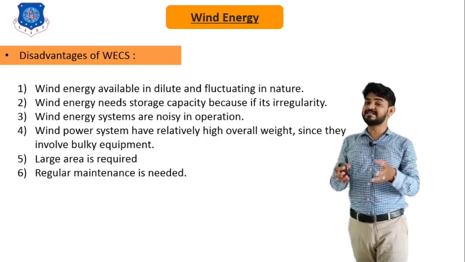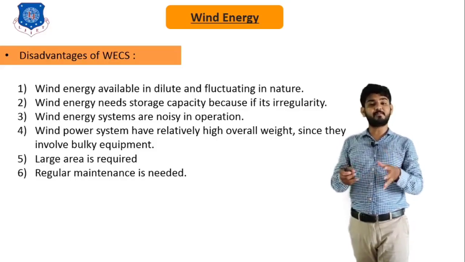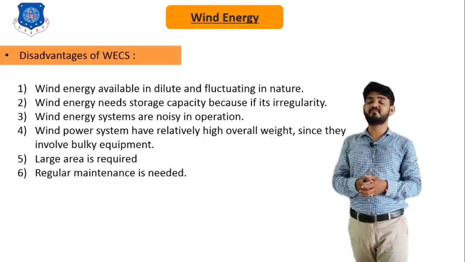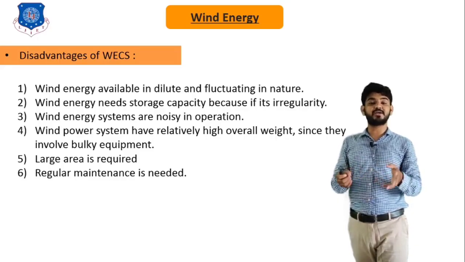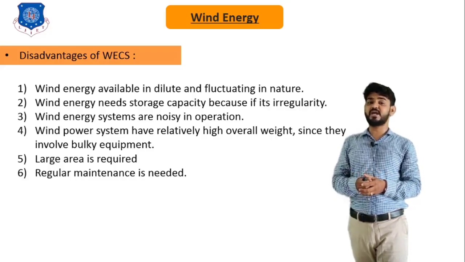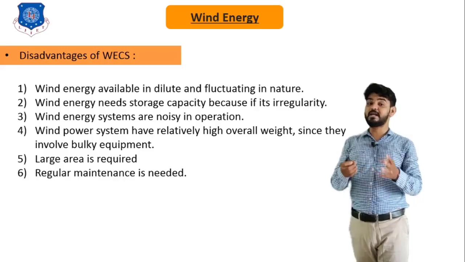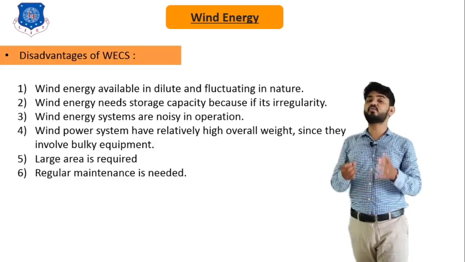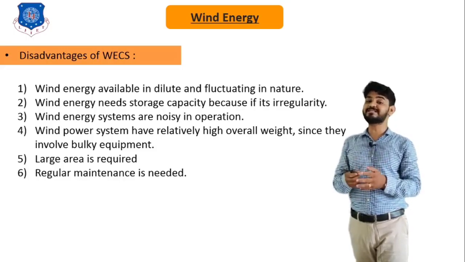Next disadvantage is that this type of system is a bit noisy. Their noise can be heard from a few kilometers away, since it involves many bulky and heavy pieces of equipment that rotate continuously and produce noise. Another disadvantage is that the equipment is bulky and its overall weight is relatively high, so it is very difficult to move such equipment from one place to another.